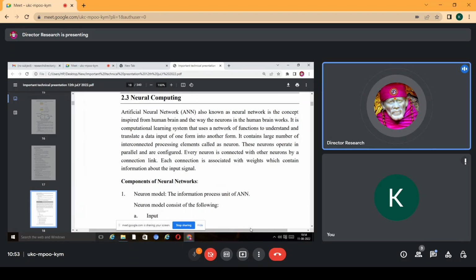It is a computational learning system that uses a network of functions to understand and translate data from one form to another. It contains a large number of interconnected processing elements called neurons.